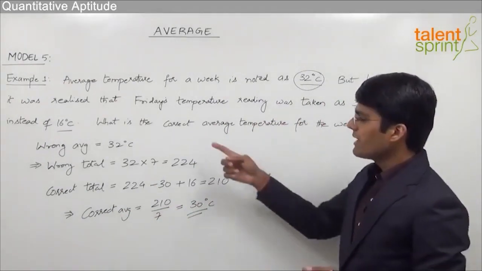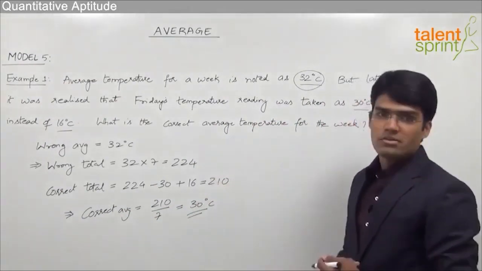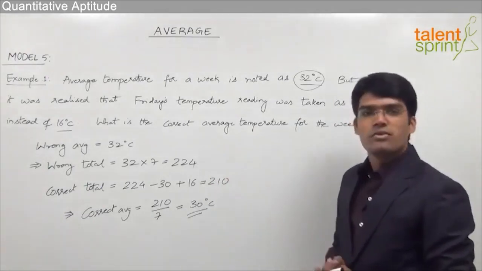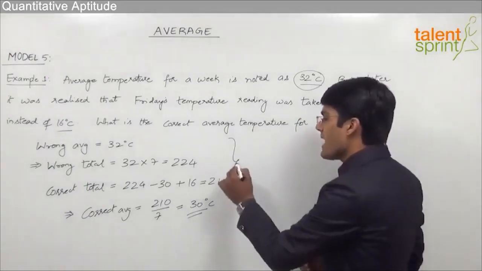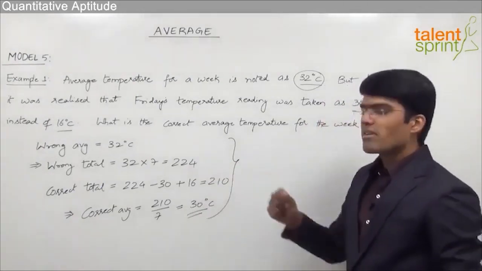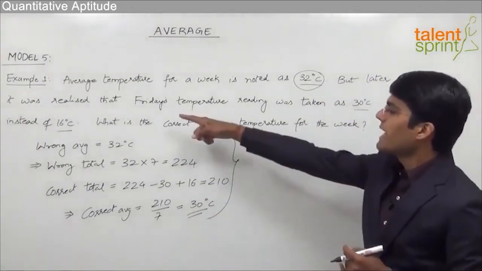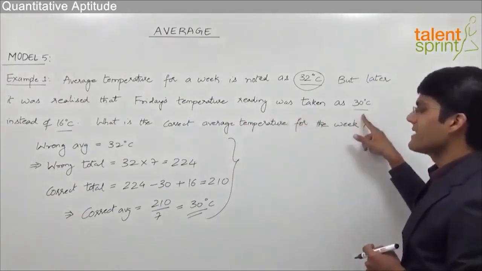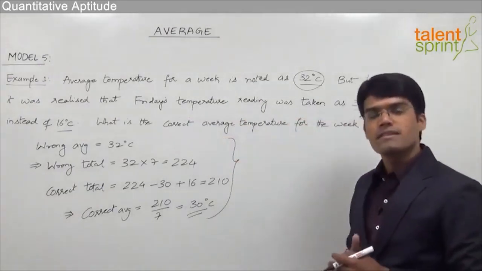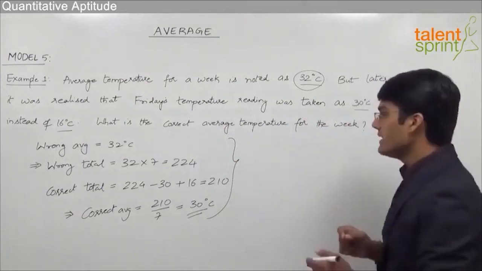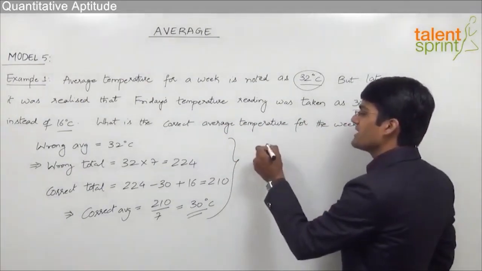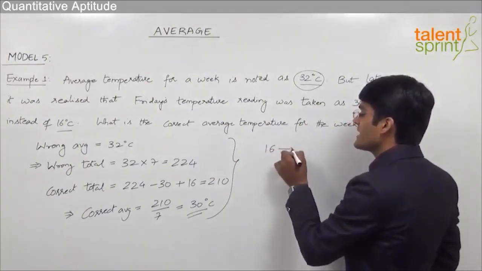But friends, solving the question in this way will take a lot of time, as it involves 3 to 4 steps. So let us understand how can we solve this question without writing these steps in just one single step. From the given question, we know that Friday's temperature reading was taken as 30 degrees instead of 16 degrees. So very clearly, Friday's actual temperature is 16, but it was taken as 30 degrees.